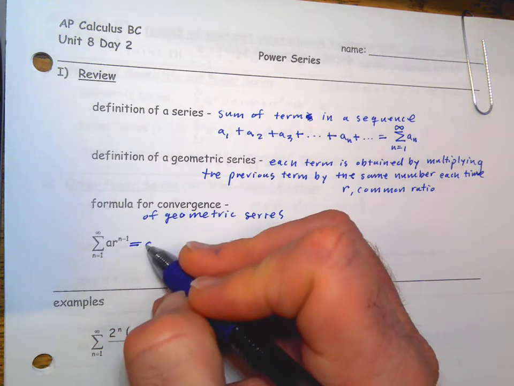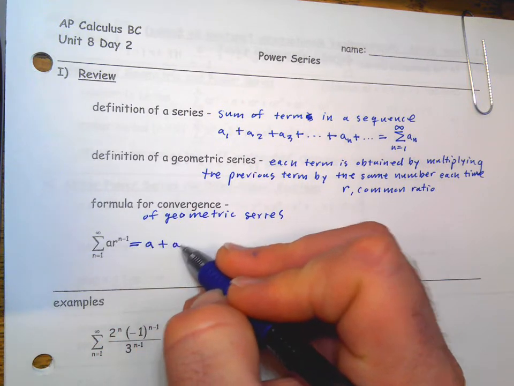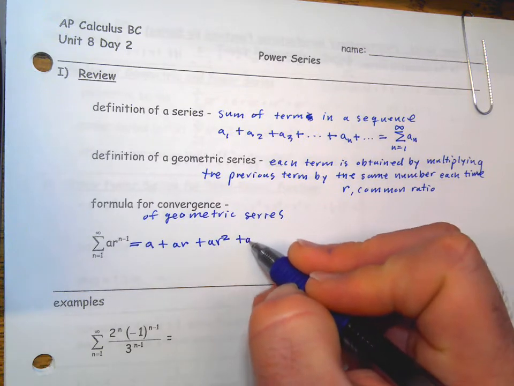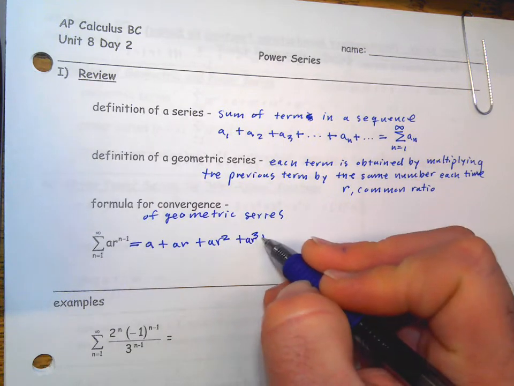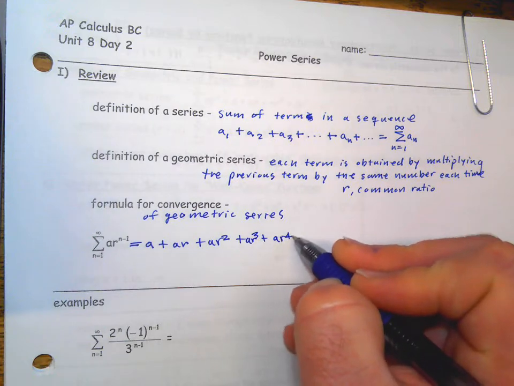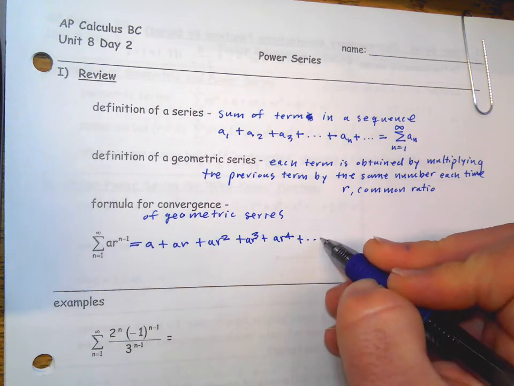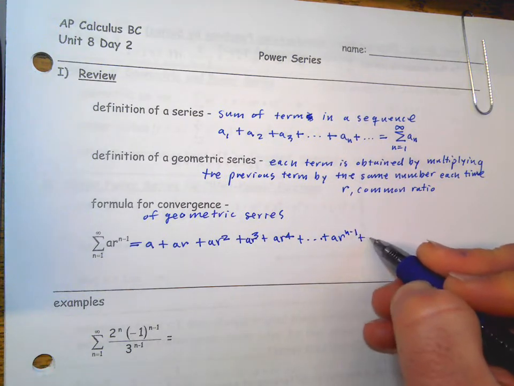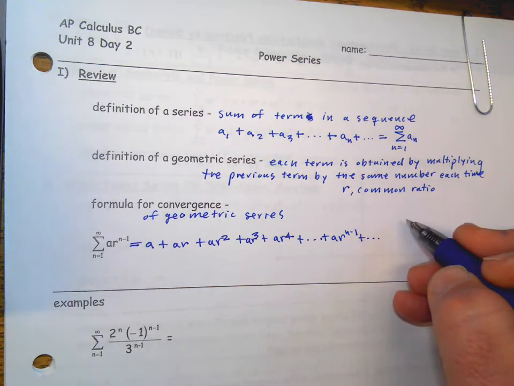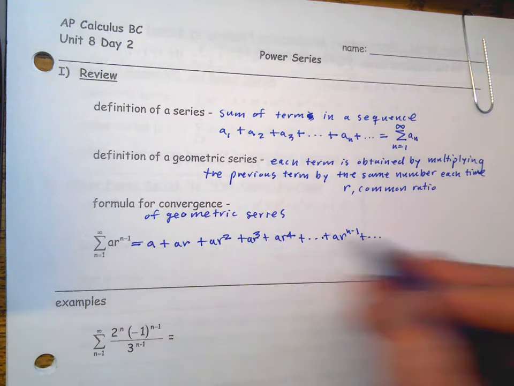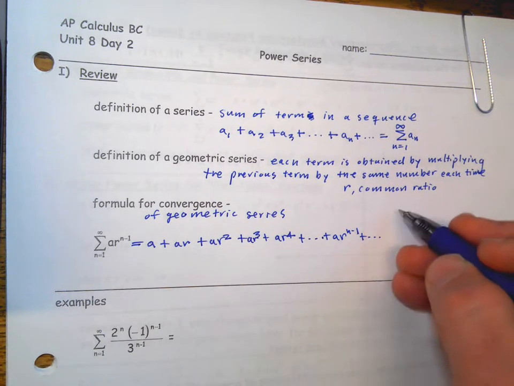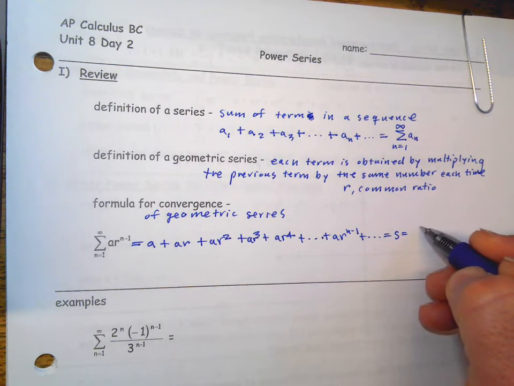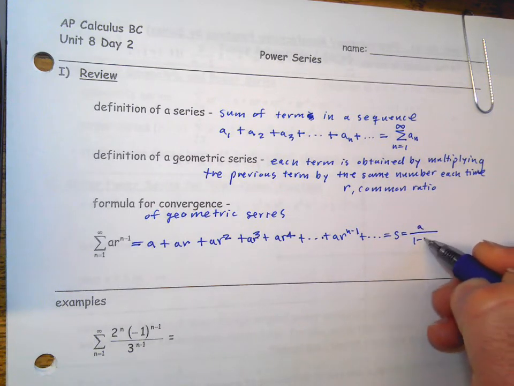Open form would be a, ar, ar squared, ar cubed, ar to the fourth, and so on. The general term is ar to the n minus 1. So that's the open form. That's the closed form. This equals the sum, which the formula is a over 1 minus r.